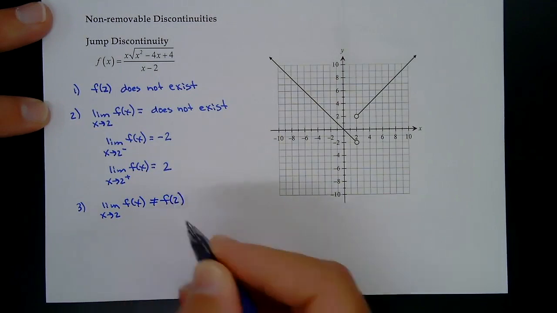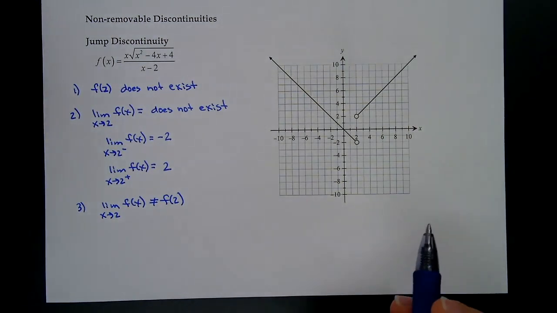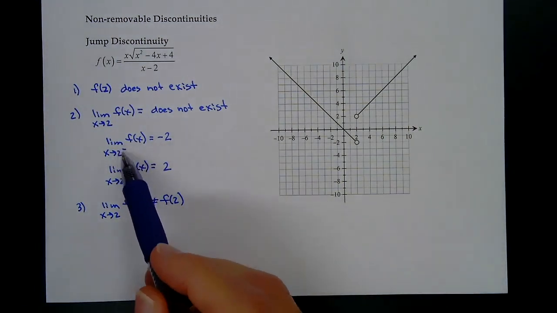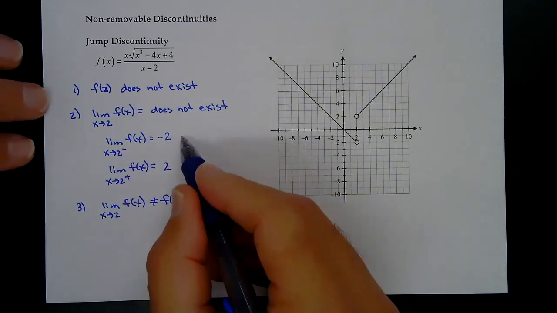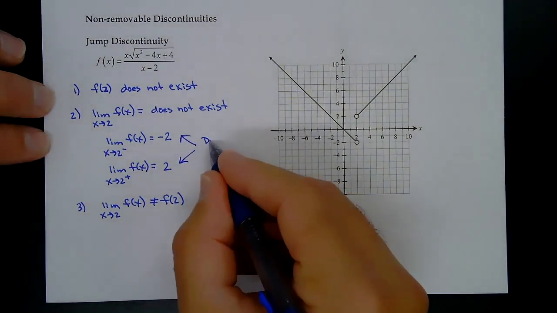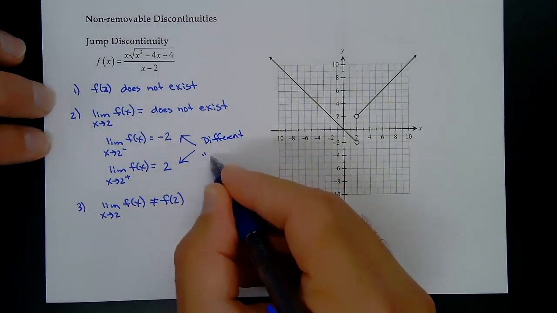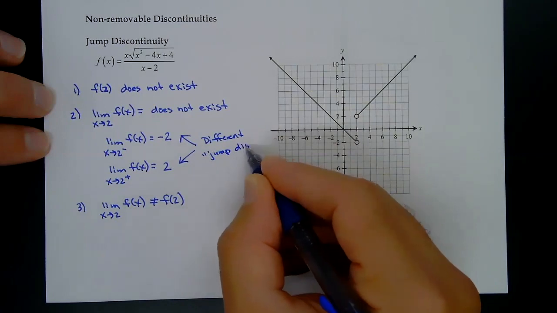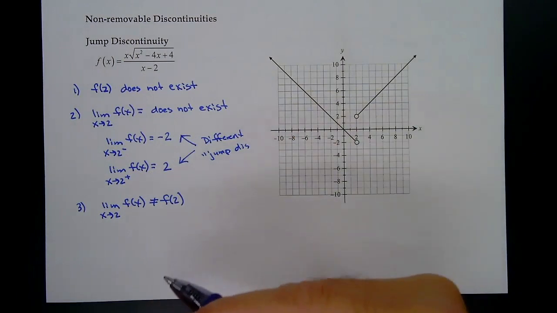And the reason it's called a jump discontinuity, whenever the one-sided limits are different, that's always going to be a jump discontinuity, because just to the left is one value and just to the right is the other. And there's all of a sudden this jump in value.